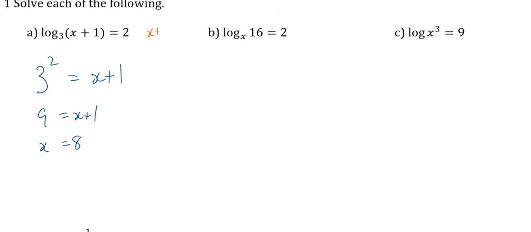The argument of the log, whatever it is, and then I'm going to solve that. X is greater than negative 1. So even if you have a shift, it's the argument of the log that can't equal 0, which means it's not always x is greater than 0, but it's this thing greater than 0. In this case, greater than negative 1. 8 is greater than negative 1, so we're all good. No problems here. And we move on. Does that make sense? Okay, awesome.